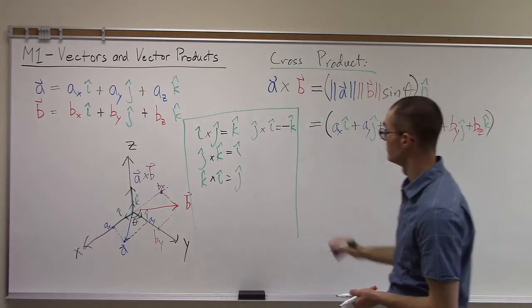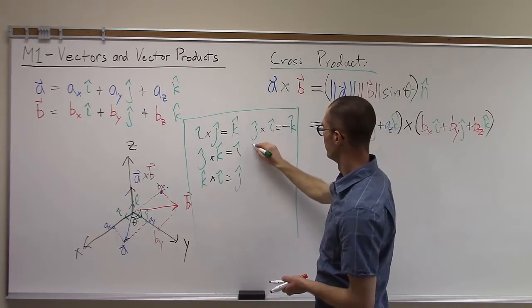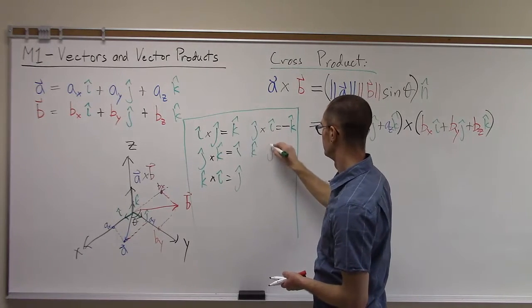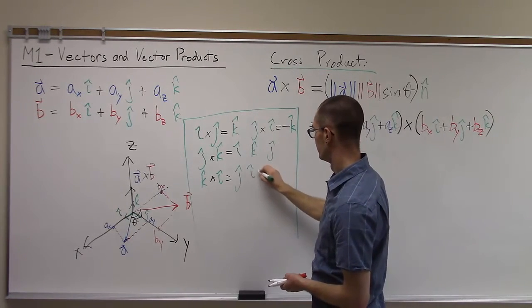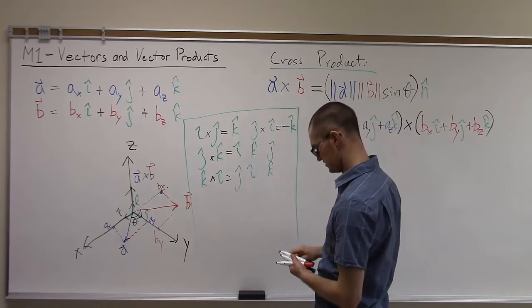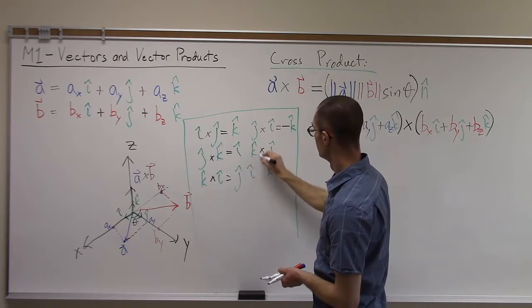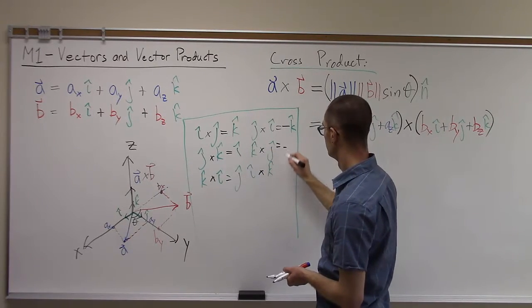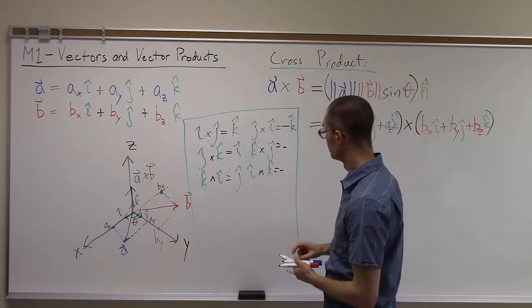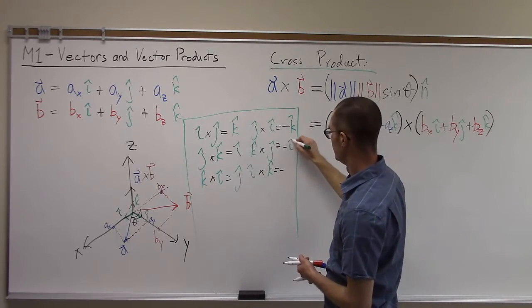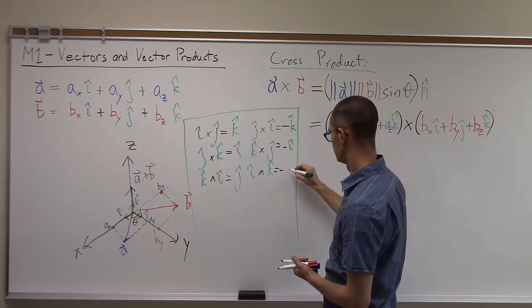And the same is going to be true if I go K cross J, or I cross K. It's going to be the negative of the third vector.